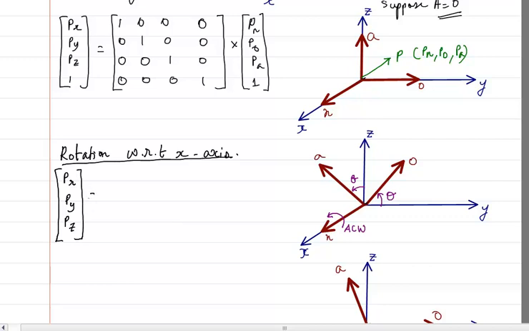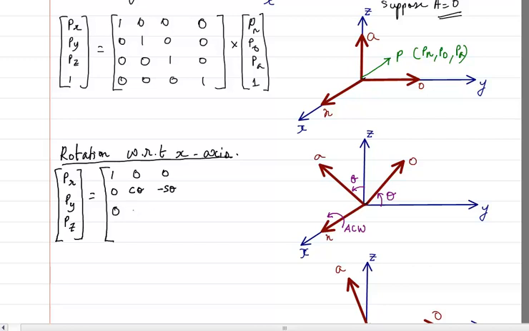Now here you should be careful of what I write. I will write in short form. So it is 1, 0, 0. The second row is 0, cos theta, which I will write in short form as c theta, then minus sine theta, which I will write as minus s theta. We will always write in short form.